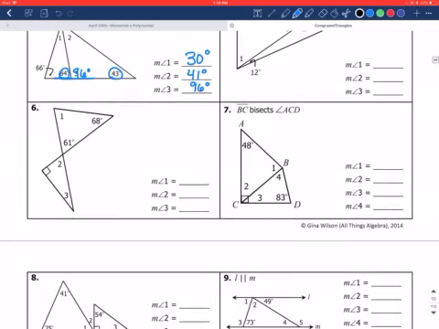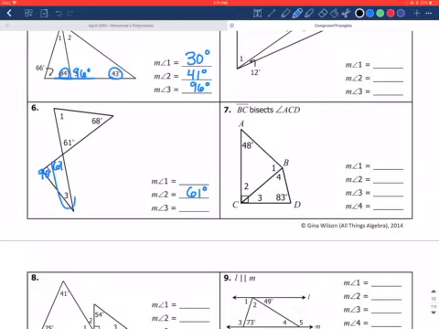For number 6, we have 61 degrees and angle 2 are vertical angles. We know that vertical angles are congruent. Then if we have a right triangle over here, and 2 is 61, we know that in a right triangle this is 90 degrees.